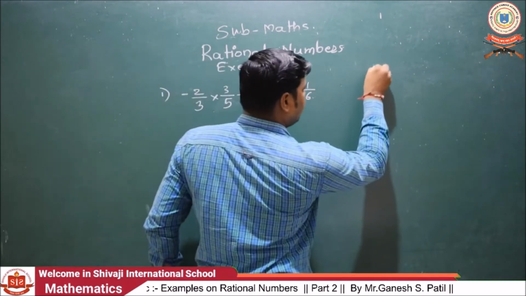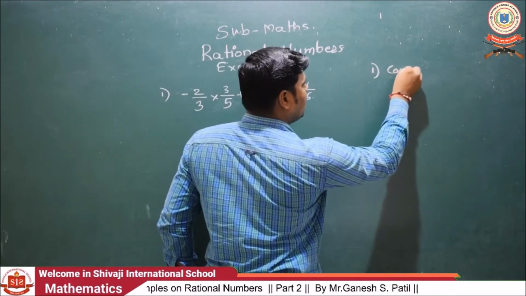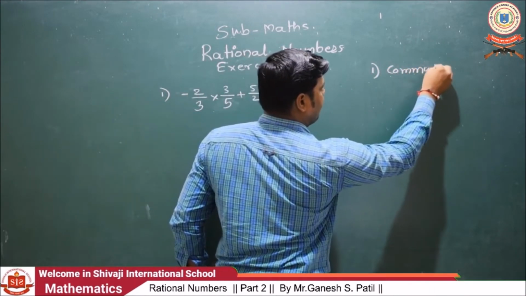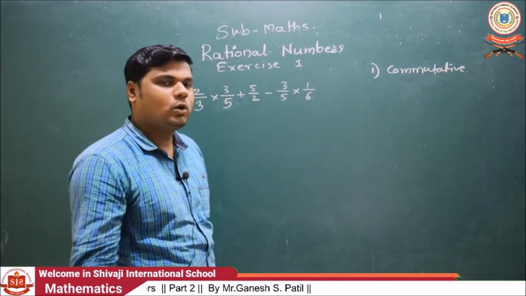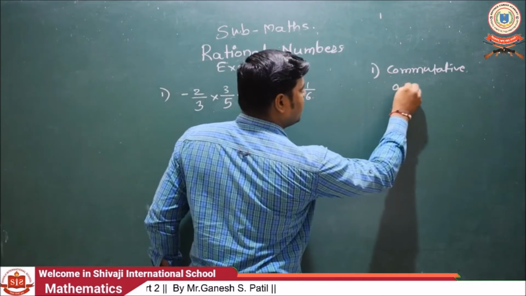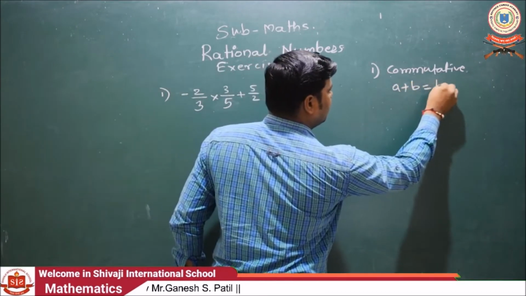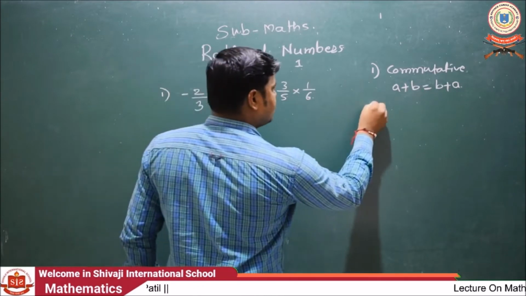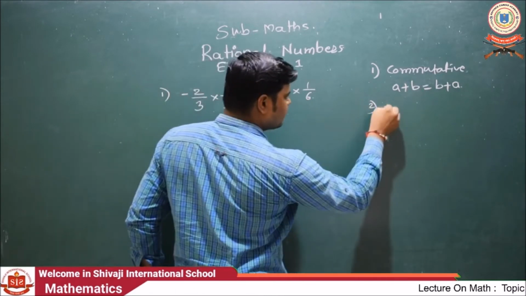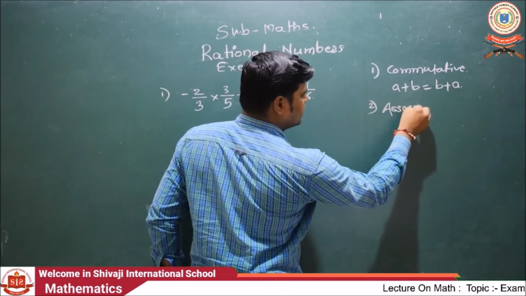The first property is the commutative property. Commutative property means a plus b is equal to b plus a. Then the next one is the associative property of rational numbers.